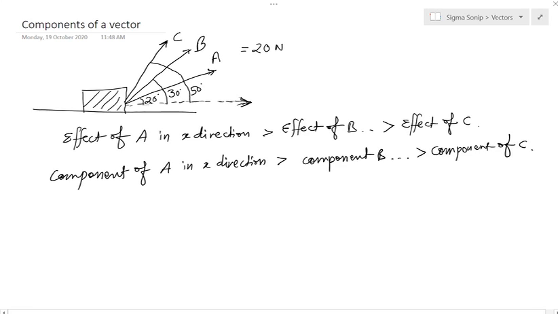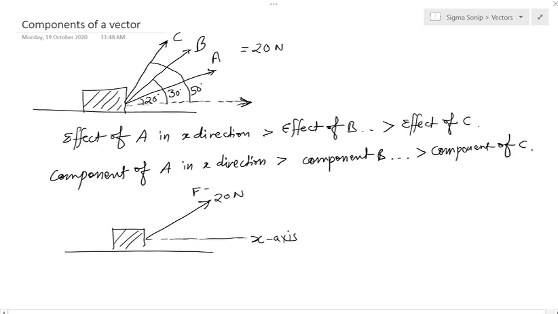Let me draw another diagram with only one force, and let's look at this box again. This is my desired direction, x-axis, and I am applying this force, which is 20 Newton. Let's call this force F this time. From the previous discussion, it would be clear that this 20 Newton is not fully acting along the x-axis.